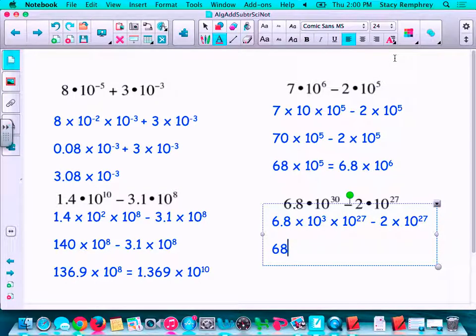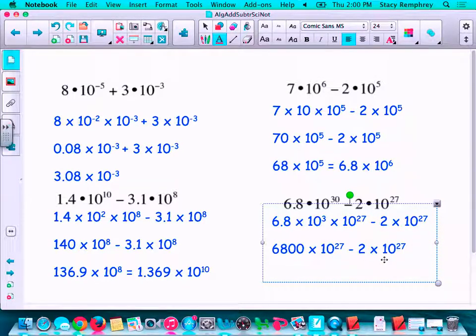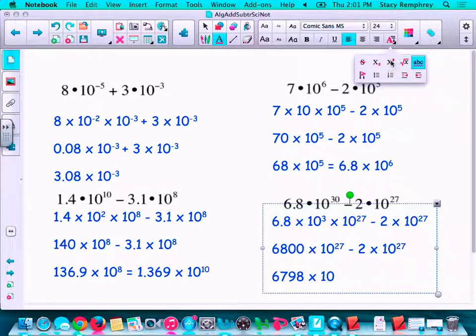Multiply that out. Okay, now I have common powers of 10, so that's going to be 6,798 times 10 to the 27th. And there's my final answer.